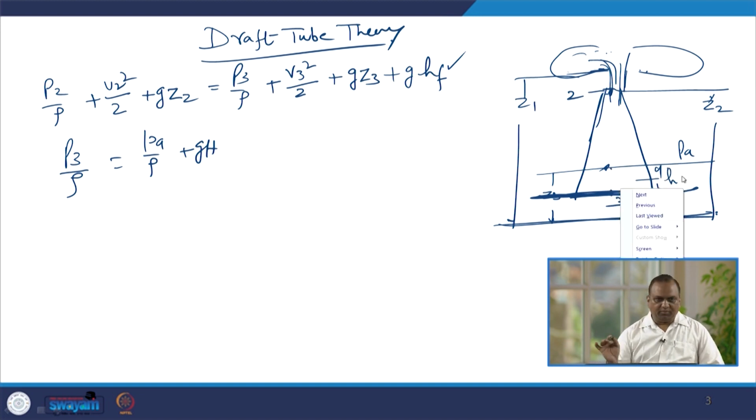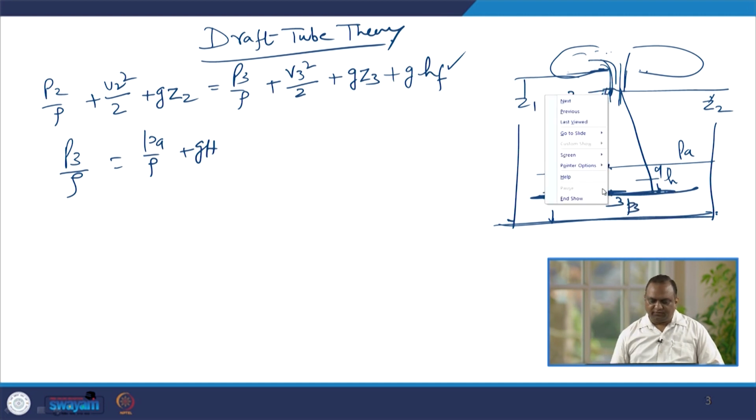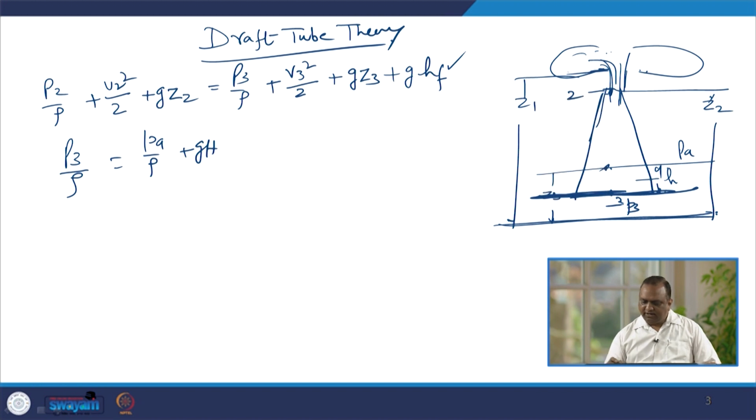So, we have taken 2 points in the draft tube, the inlet at point 2 and the exit at point 3, and we have applied Bernoulli's theorem at the 2 points, total energy here and total energy here. Pressure at 3 is equal to the pressure at this point plus the pressure of the water column.